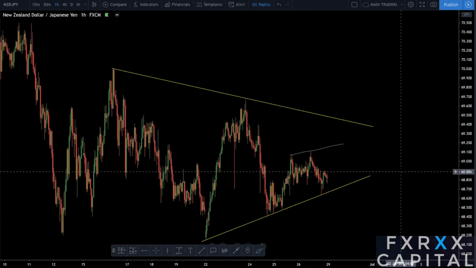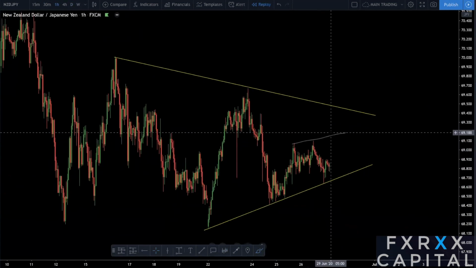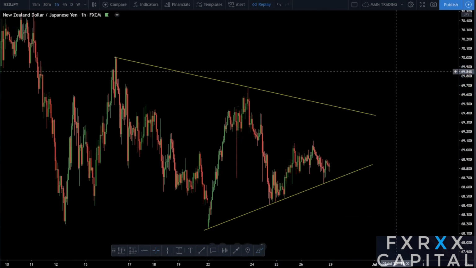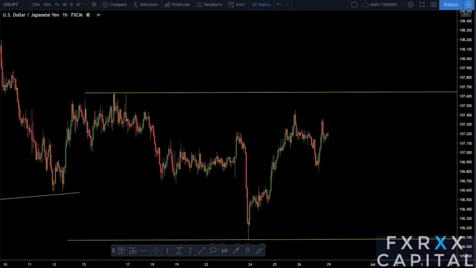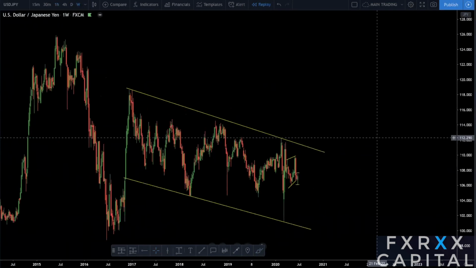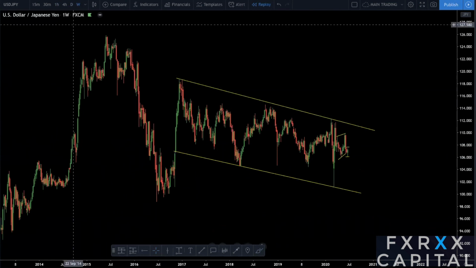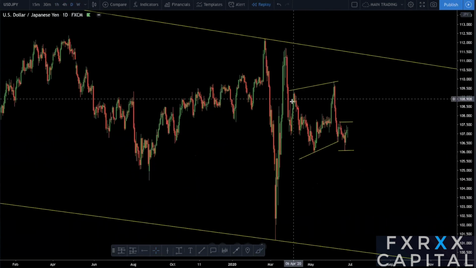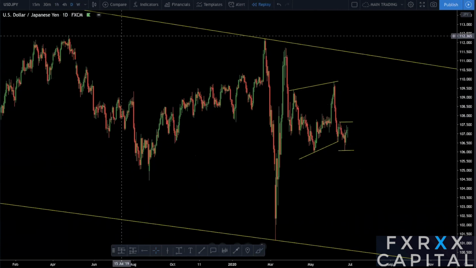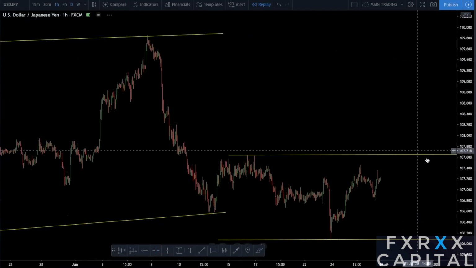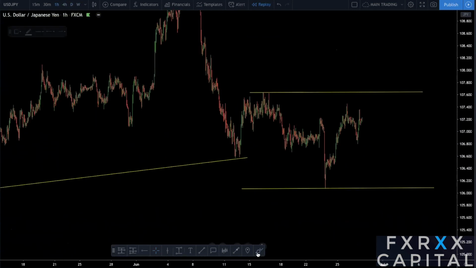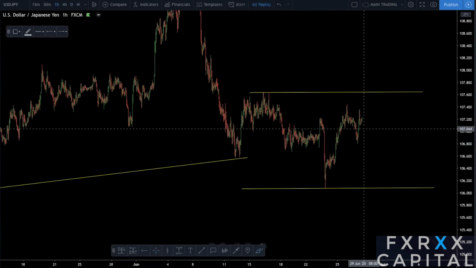Okay, two possibilities for NZD-JPY. Set my alert here, right click, add alert, so it doesn't disturb our daily routine. This one, bigger correction, zoom in, double top, bigger bear flag. This is not really quite a good structure for me personally, but this is a wild card for me.